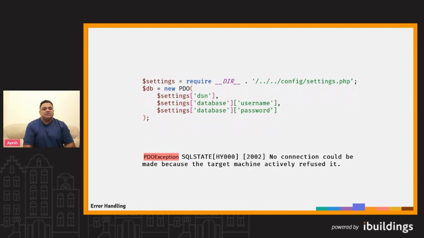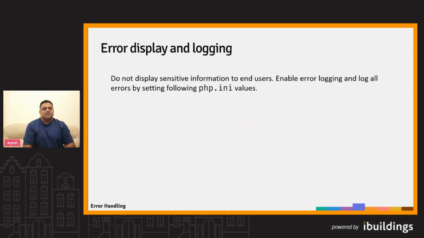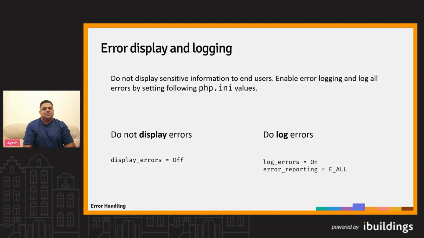So the general principle that I suggest is we do not show any errors to the user, because it's not helpful for them, and it also gives internal information about your application that you should not give to other people. And on the other hand, we should be aware of all of the errors as well. So we do not show anything, but we log everything.